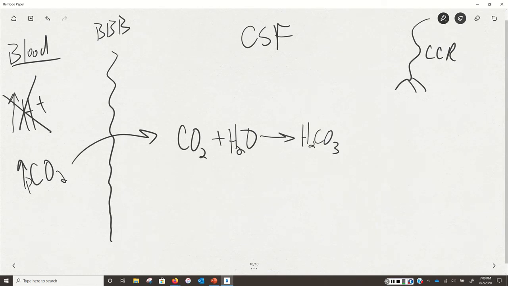Who did we say at the top of this class makes cerebrospinal fluid? The ependymal cells. When they're making cerebrospinal fluid, they add an extra ingredient: they make an enzyme and place it into the cerebrospinal fluid. Guess what that enzyme is?